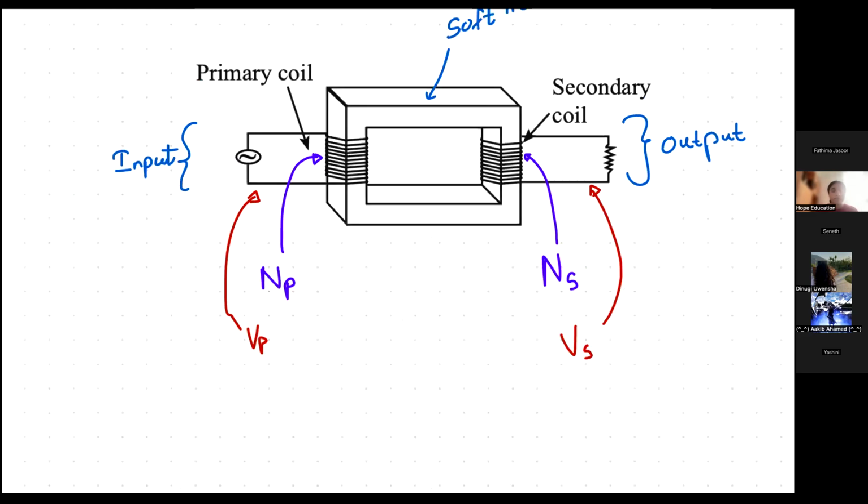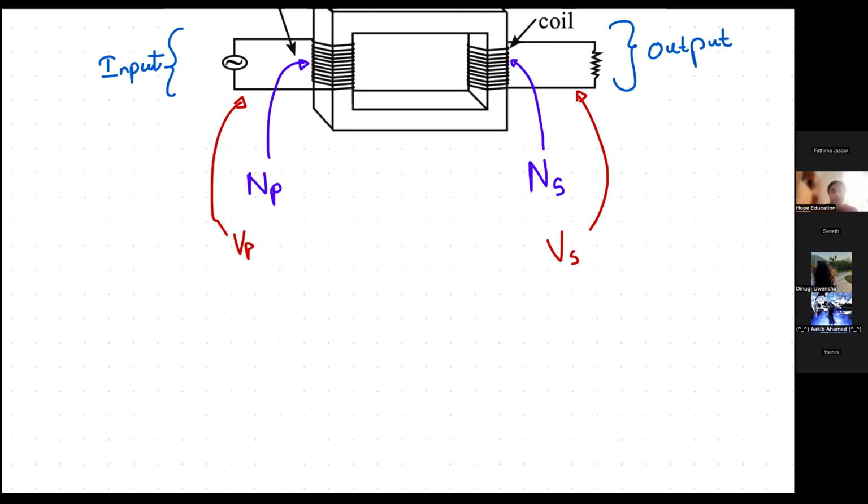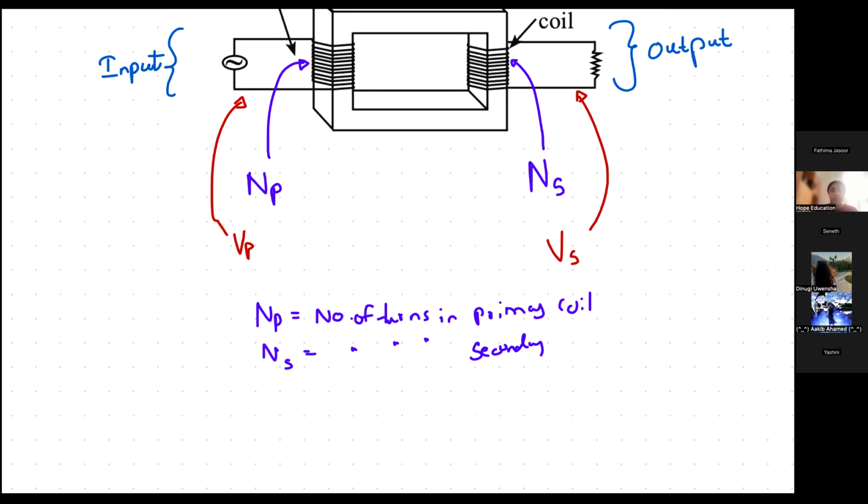Okay, so NP means number of turns in primary coil, NS is number of turns in secondary coil. Don't write anything, just listen.